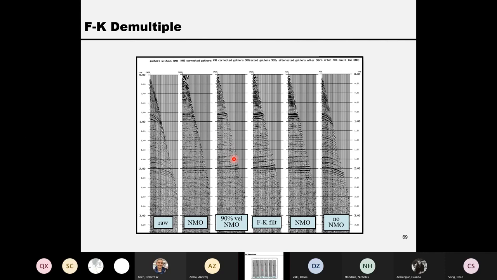And then you do FK filter. FK filter means you take this time-x two-dimensional data, just like a matrix. You have columns, you have rows, right? So the two-dimensional Fourier transform becomes another matrix.